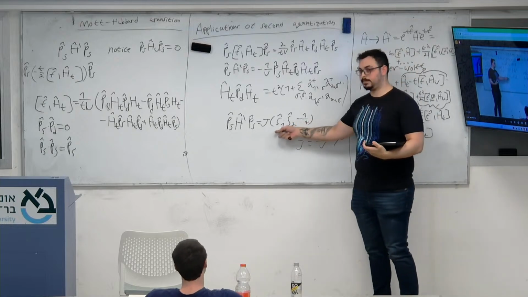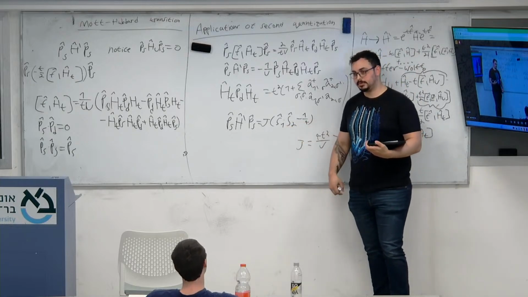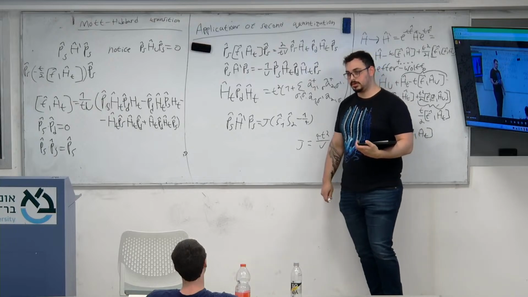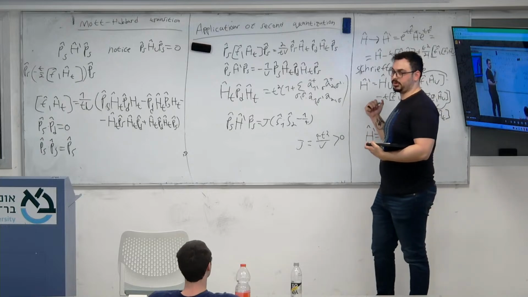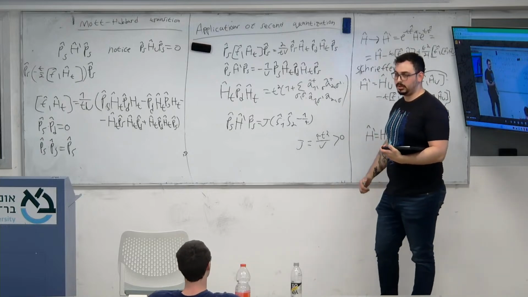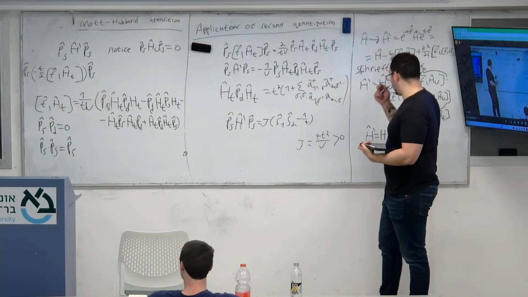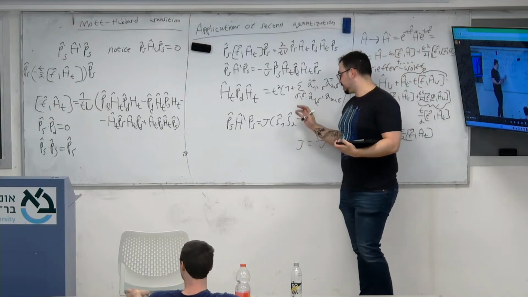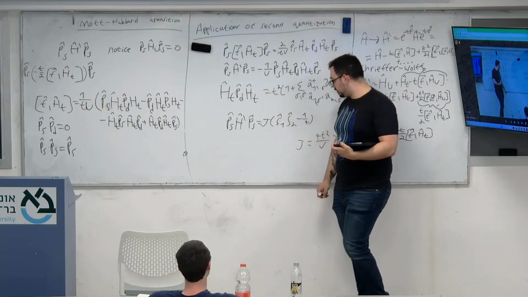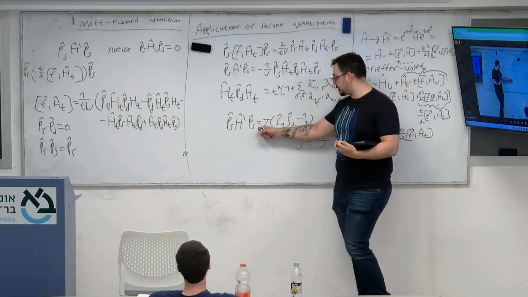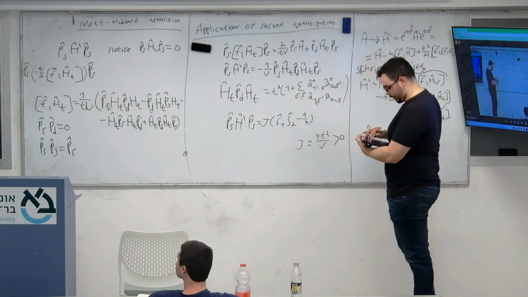It's the spin operator, and you get it from the a's. You saw it in the last tutorial and in the last homework. And with the fact that J is positive, S1 and S2 show that this is an anti-ferromagnet.